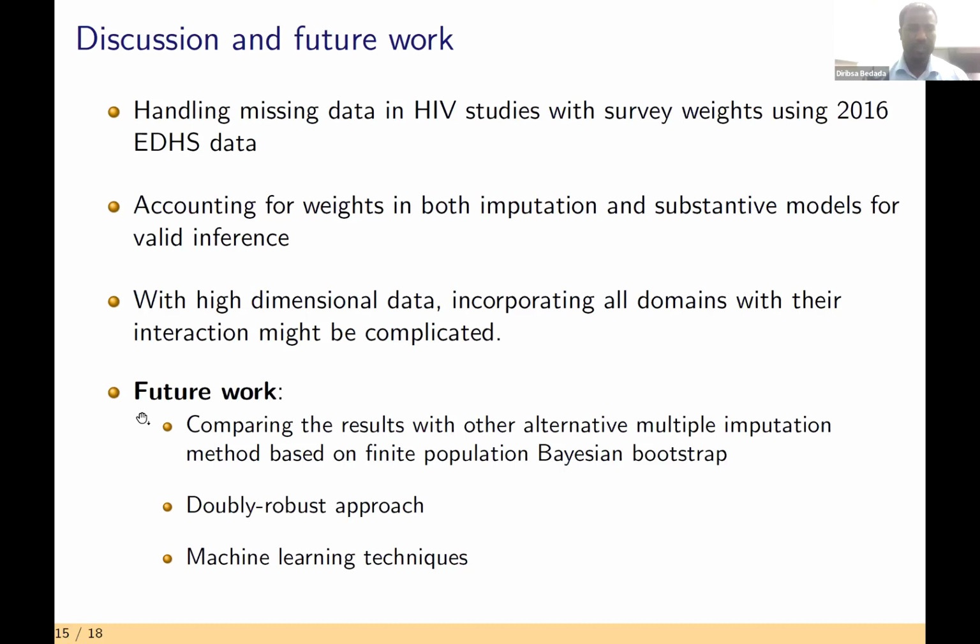So the plan for future work is comparing the results with other alternative multiple imputation methods based on the finite population Bayesian bootstrap, and proposing a doubly robust approach by extending the standard multiple imputation and integrating machine learning techniques with the currently used methods for handling missing data.